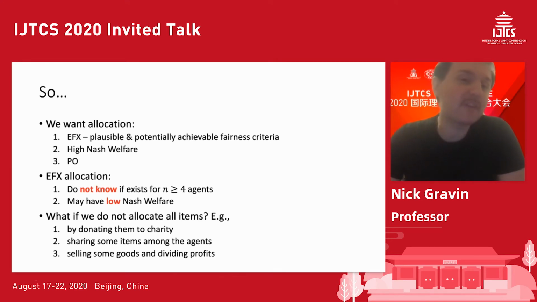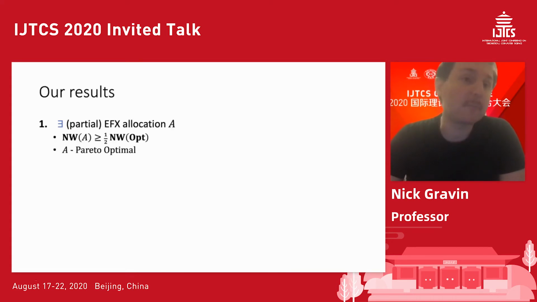So it's a quite clean potential way to resolve all these difficult questions of existence and so on. And as it turned out, the simple operation of just not allocating everything allows you to achieve quite a few nice properties.